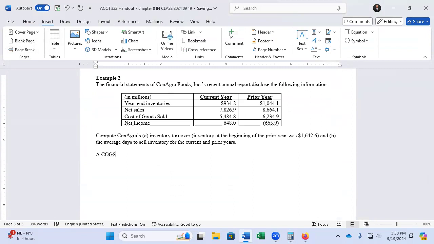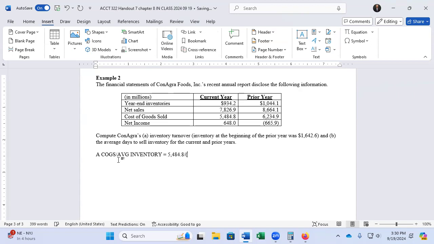Inventory turnover, cost of goods sold divided by your average inventory. And so for our current year, 5,484.8, probably in millions. Yep.